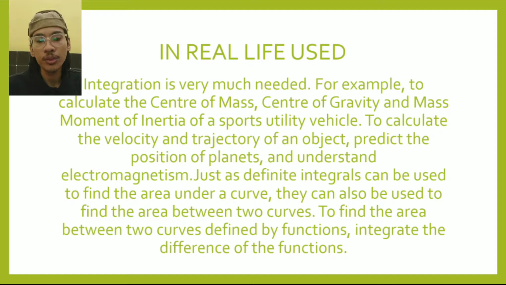In real life, integration is very much needed. For example, to calculate the center of mass, center of gravity, and mass moment of inertia of a sport utility vehicle, to calculate the velocity and trajectory of an object, predict the position of planets, and understand electromagnetism.